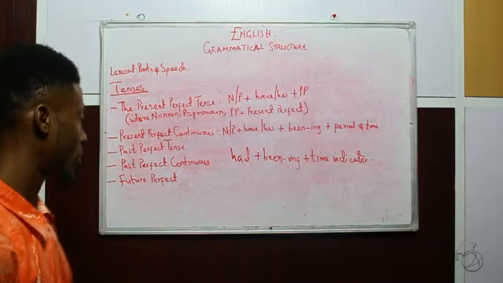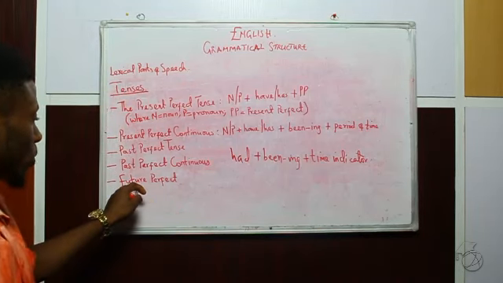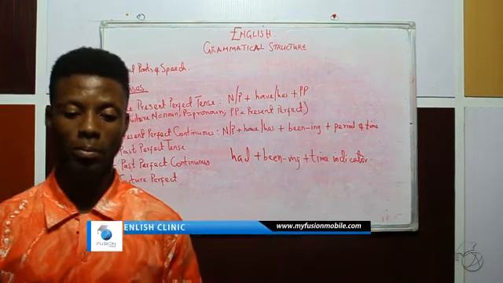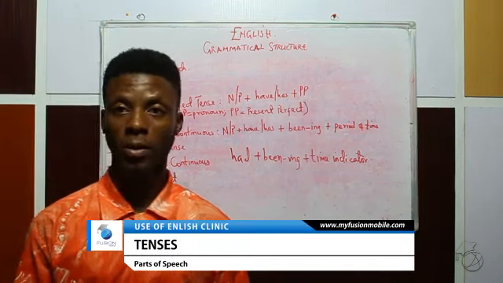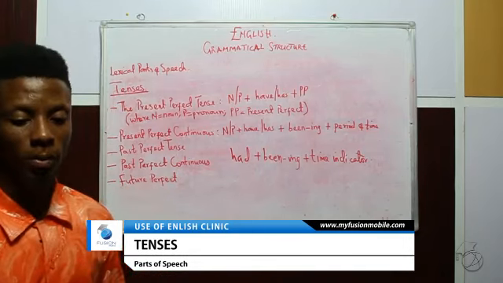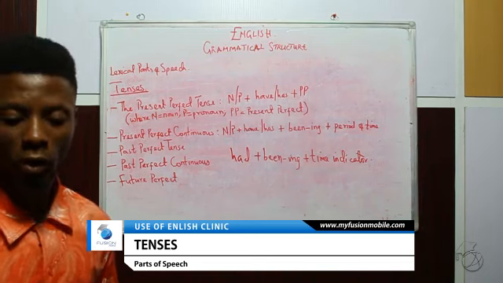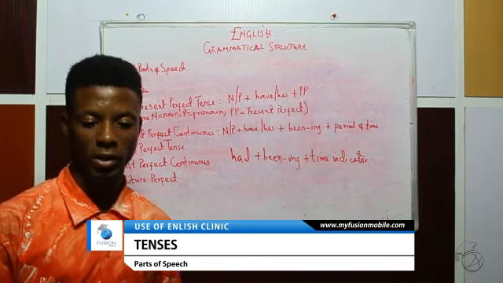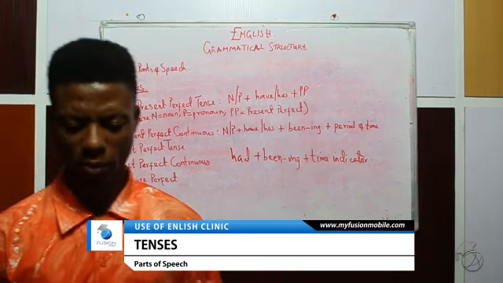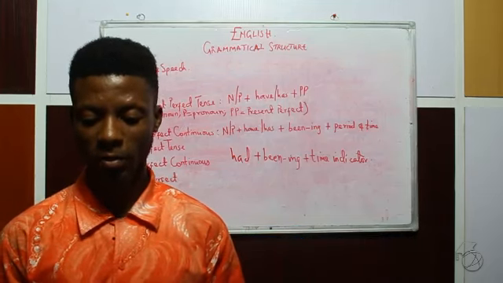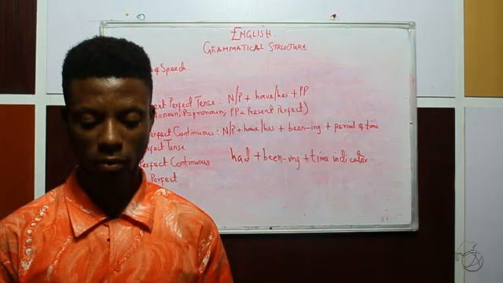The next tense that we are going to be treating is the future perfect tense. The future perfect tense expresses two actions in the future, one of which will precede the other. Examples are: I shall have done the assignment by the time the teacher asks for it.